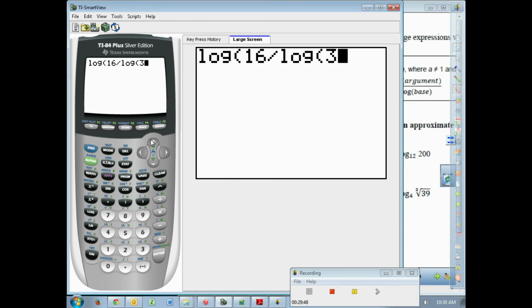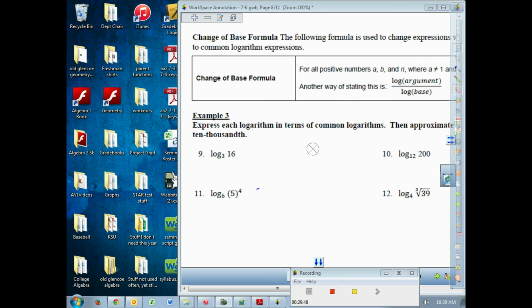What did I forget to do? So log of 16 closed divided by log of 3 closed. Boom. About 2 point, what does it say to round to? 10,000. So about 2 point what? Tell me. 5237. What do I need in front of it? Approximate.